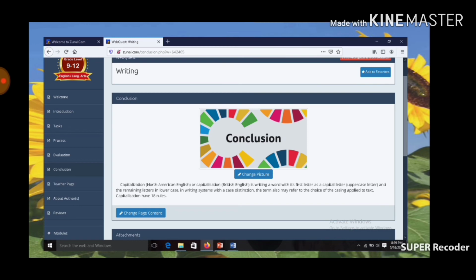About the material, the conclusion is: capitalization in North American English, or capitalization in British English, is writing a word with its first letter as a capital letter, uppercase letter, and the remaining letters in lowercase in a writing system with a case distinction. The term also may refer to the choice of the casing applied to text. And capitalization has 18 rules.